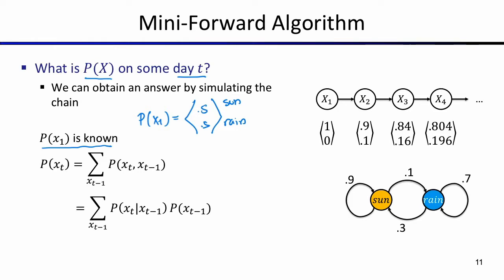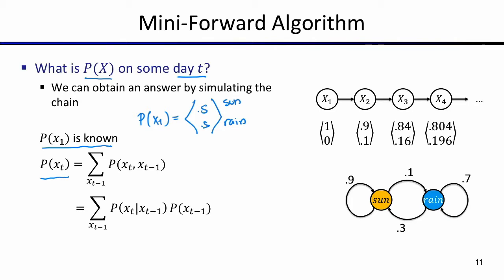And starting from x1, I want to compute x2 and x3 and x4 and continue doing that until xt. So how do we compute that? Actually it's very simple. We want to know what is the probability of xt for a certain t.